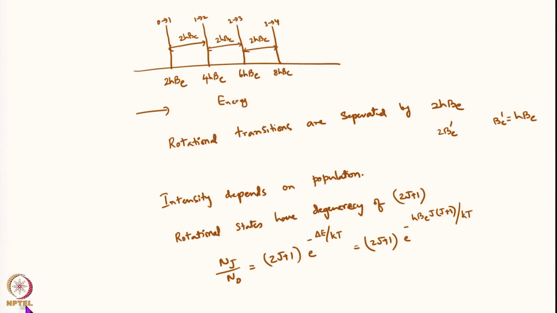So in that scenario, if I plot N_J by N_0 as a function of J, then this will look something like this. So this is 1 and this value I will call J max.